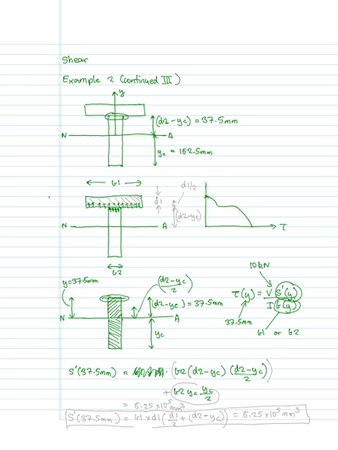So we've got our two bits which I've now shaded in two different colours. So you can see that along this line here, y is going to be equal to 37.5 millimeters, which is going to be up here at the interface. Note that we shouldn't be adding these values together, because they're on different sides of the neutral axis.